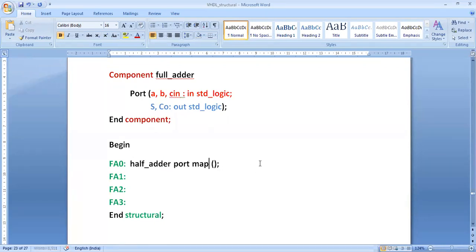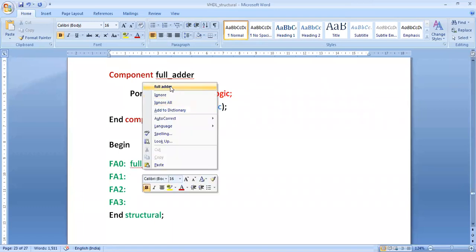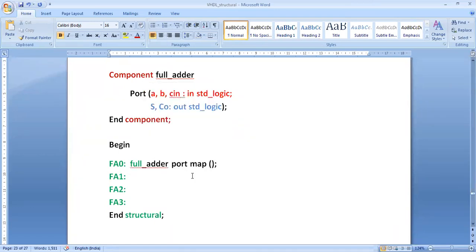We have to start with the component name, FA naught. And what is the component that we have considered? Full adder, and then port map. So what are the things that you will get here in the port map?